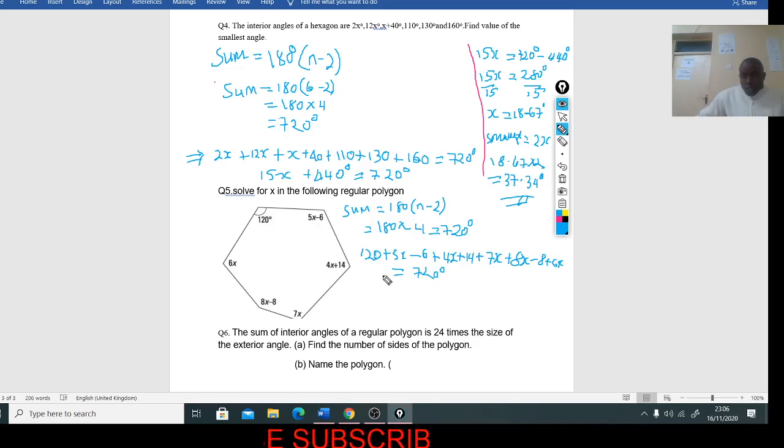degrees. So I put like terms together. It will have 5x plus 4x, that is 9x. You also add 7x plus 8x plus 6x. All that will give you 30x.